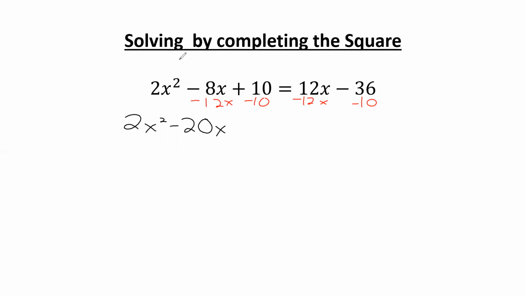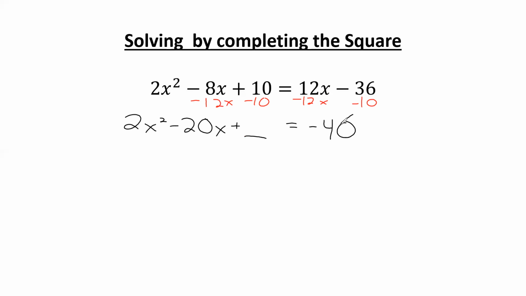Plus, now, there's no third value here, but I'm going to leave a space right now. And I'll explain that in a minute. Over here, this one went away, so that's gone. The negative 36 and negative 10 gives me negative 46, thank you.